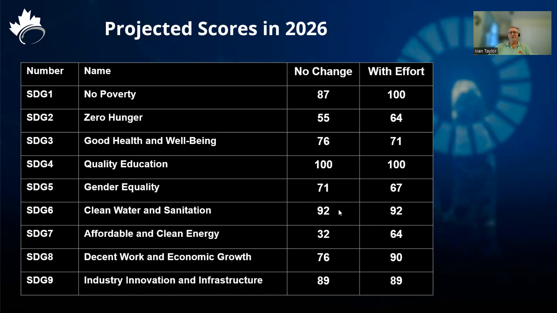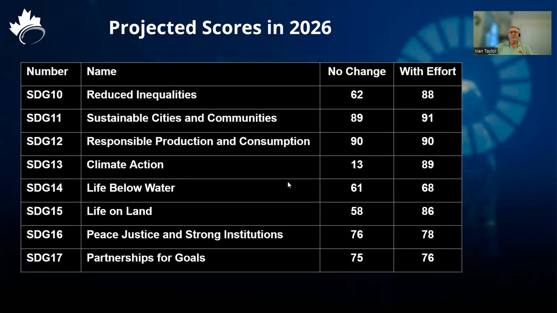But many of the others improve considerably. So affordable and clean energy increases to 64 from a projected value of 32, and climate action increases to 89 from a no change, or the previous estimate of 13.